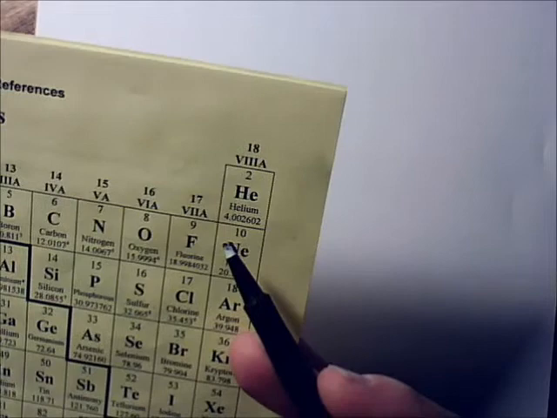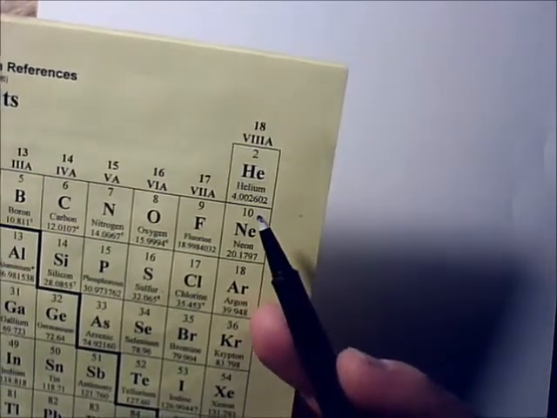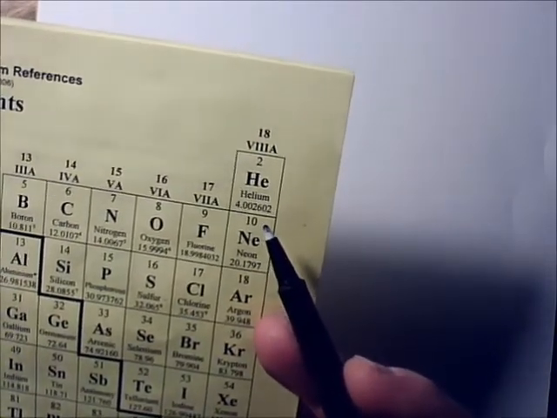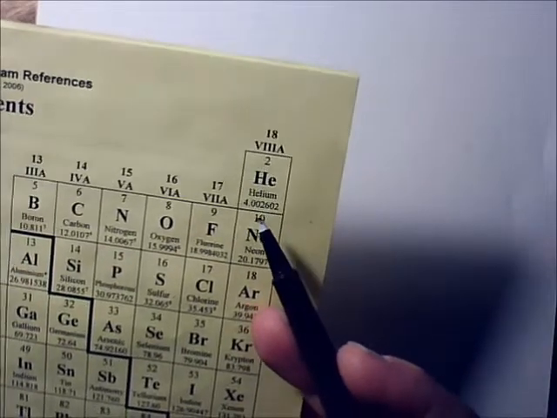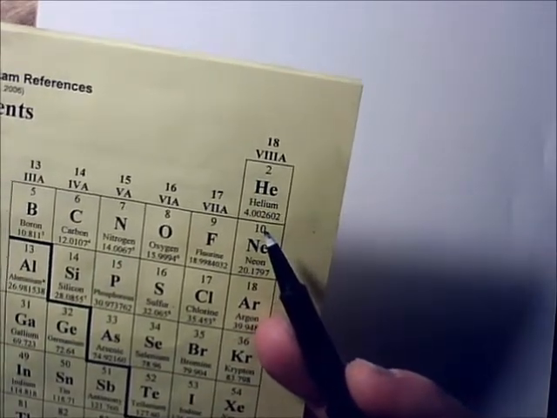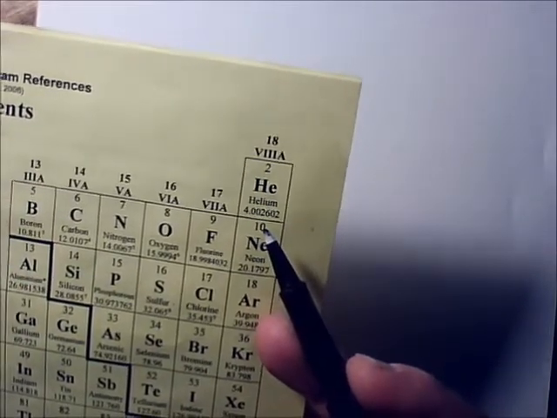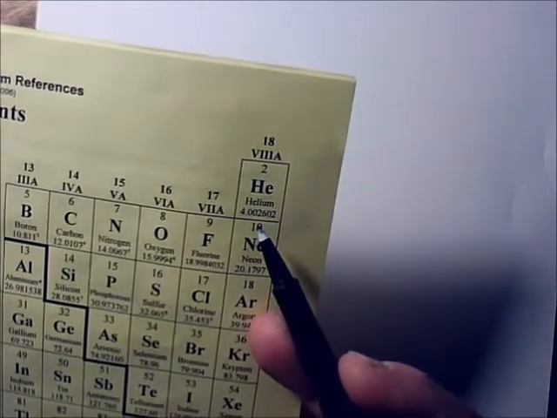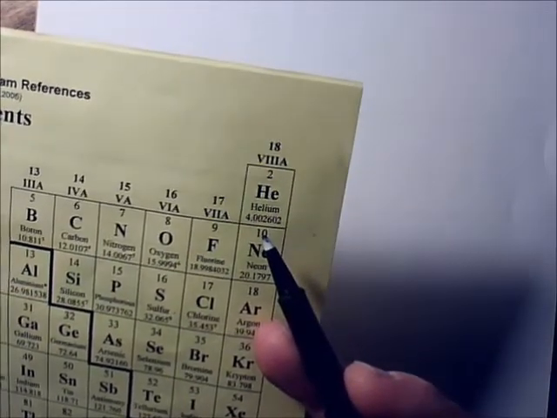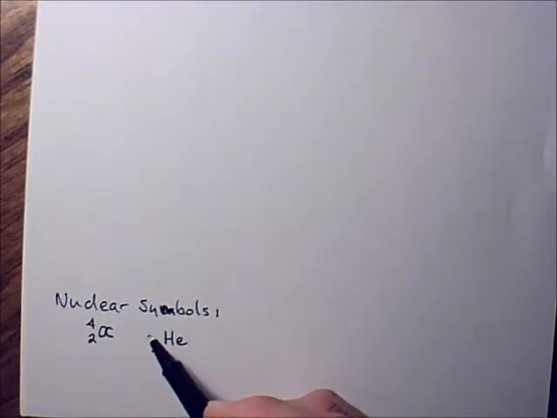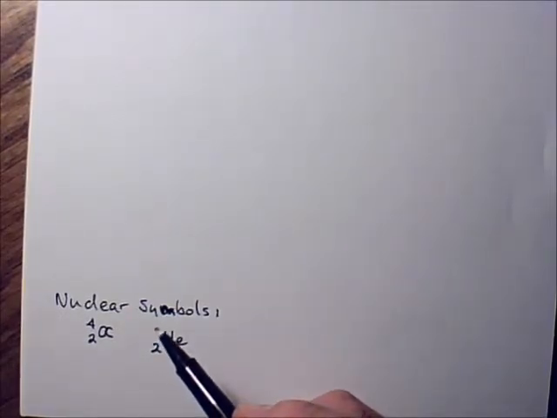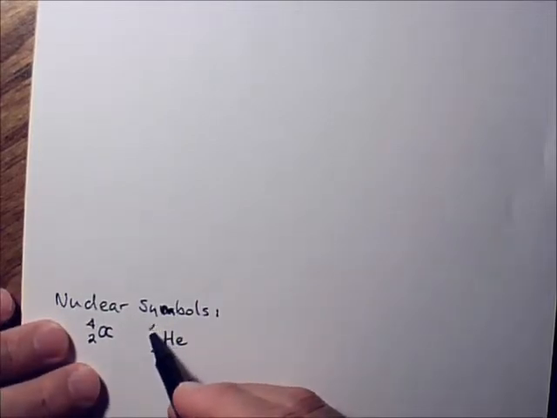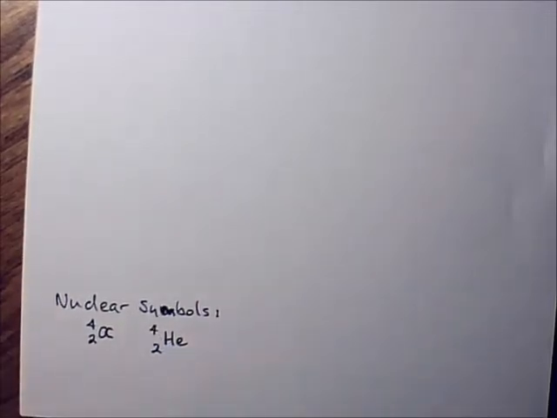But now helium, notice, has a fraction here. That means there's more than one isotope that's been averaged out to get this number. So we need to know which isotope of helium. Let's say we're going to work with helium-4. If I'm working with helium-4, then I have 2 protons and how many neutrons? 2 to get a mass of 4. So the nuclear symbol for the isotope helium-4 looks like that.